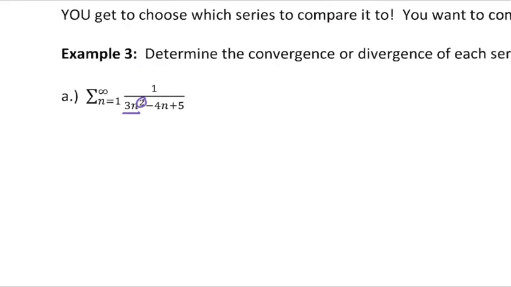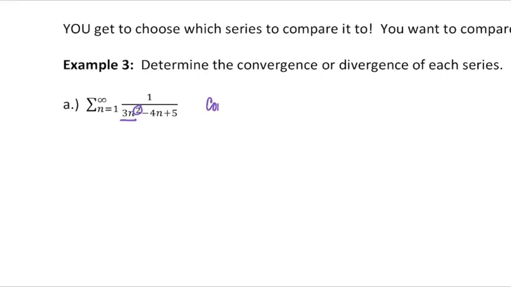So I'm going to choose to compare this to the series 1 over n squared. That's a p series where p is greater than 1. So we know that this converges. Okay. So that's going to be our b sub n.